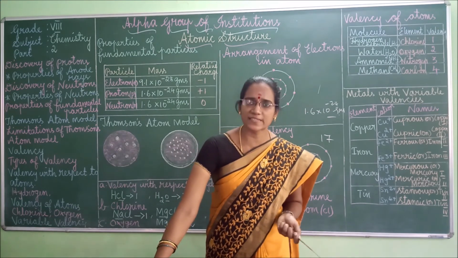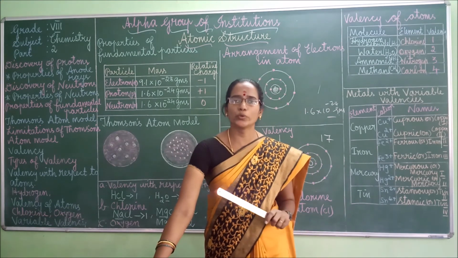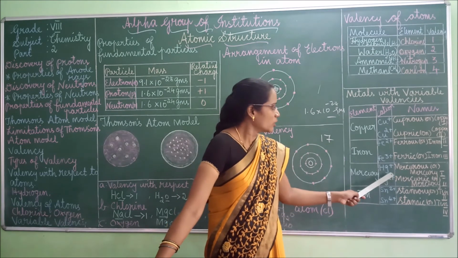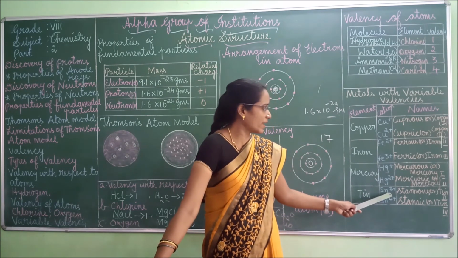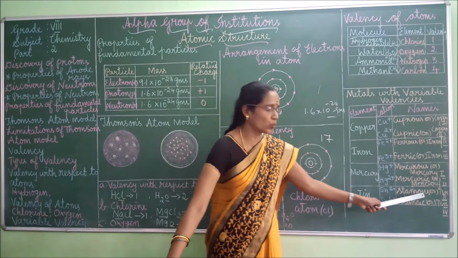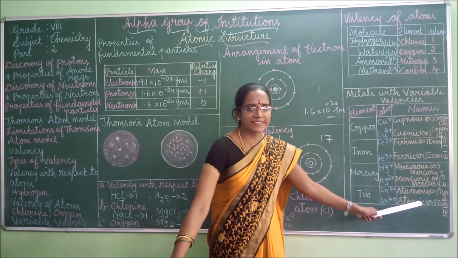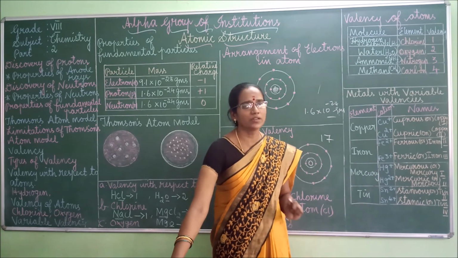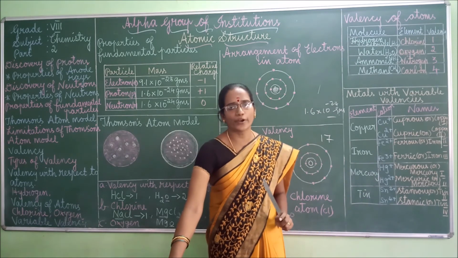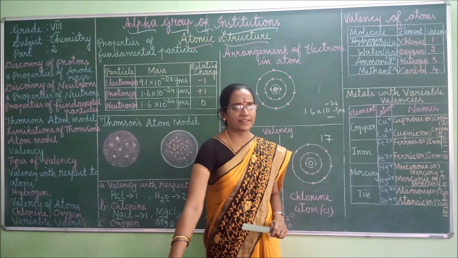If valency is lower you have to add OUS, whereas if valency is higher you have to add IC, suffix at the end of the name of the metal. This is a very important point about the variable valency.